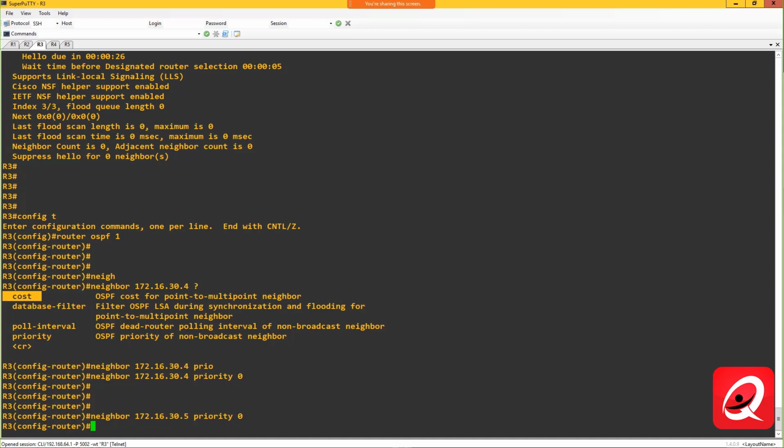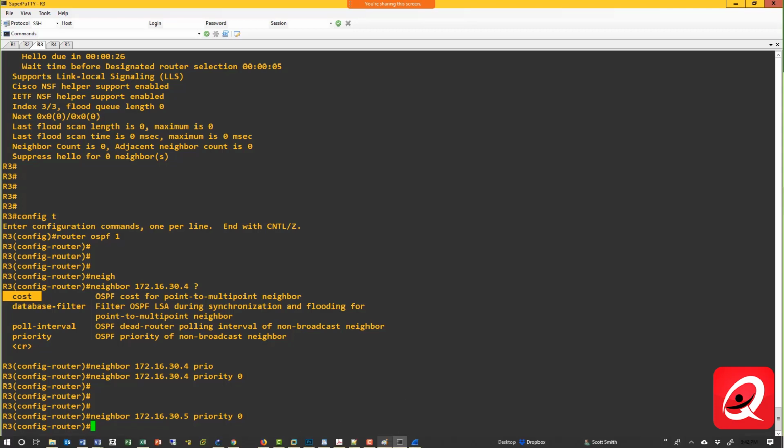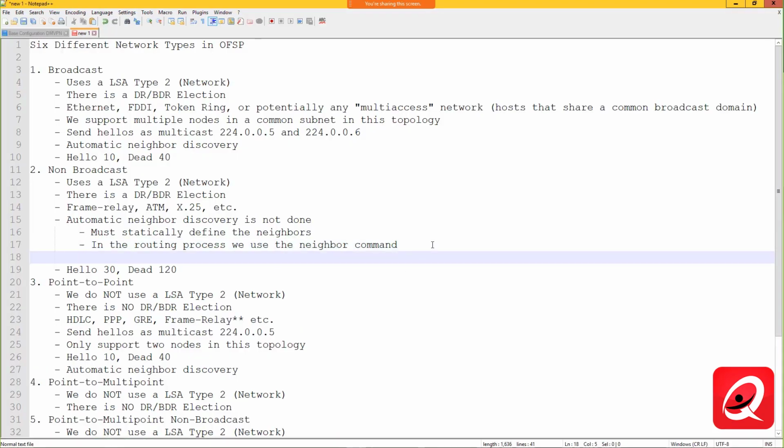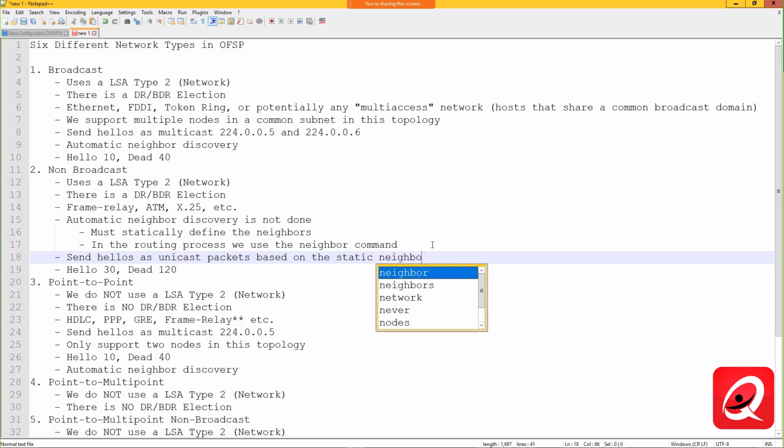And as soon as this occurs, we start sending out our hello packets using unicast. We send hellos as unicast packets based on the static neighbor configuration.